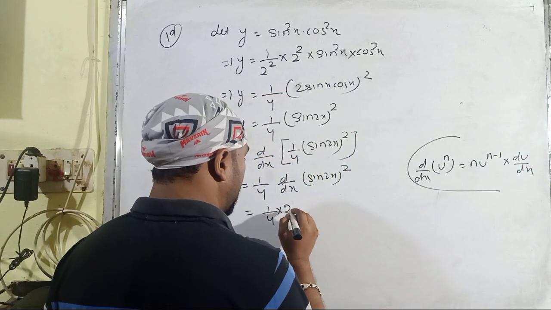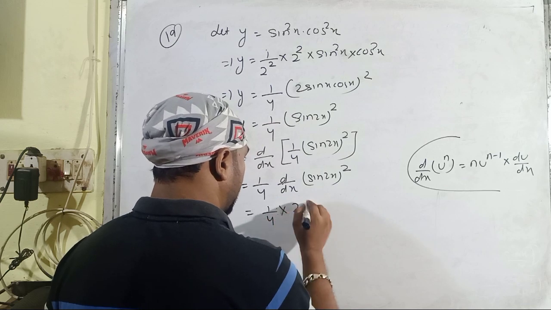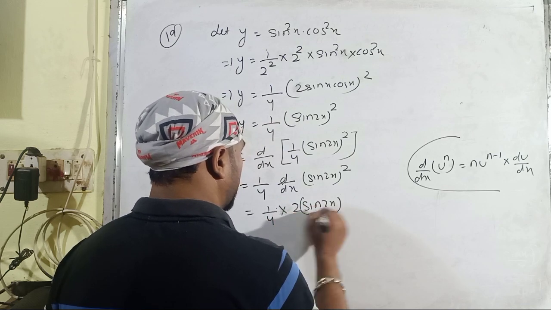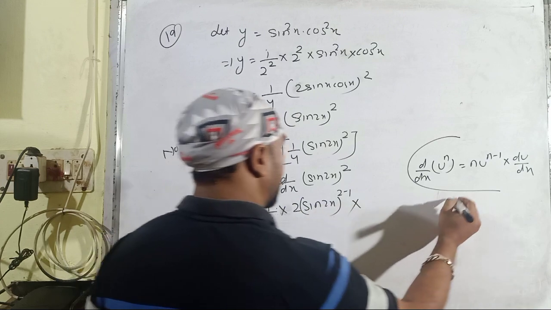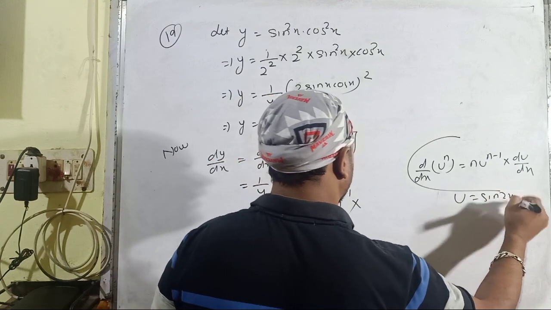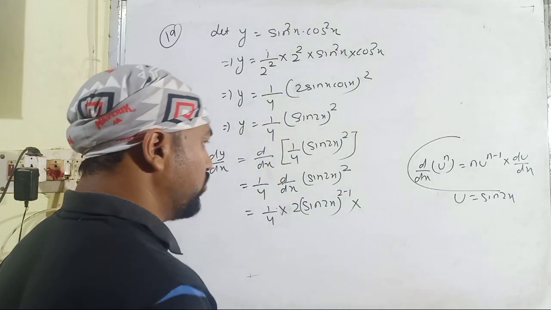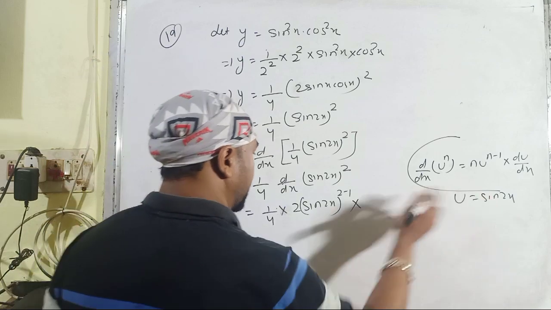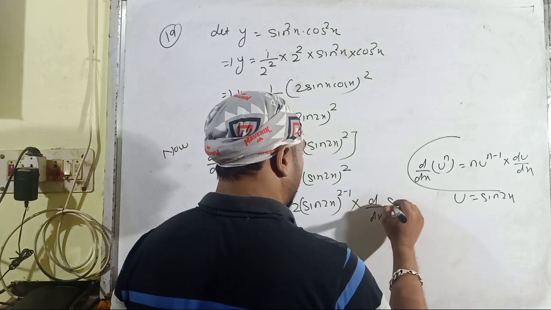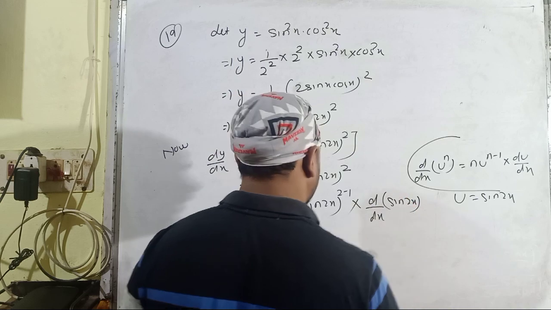So it is 2 multiplied with sin 2x whole to the power 2 minus 1 multiplied with, here u is equal to sin 2x. Again we have to differentiate u, that means we have to differentiate sin 2x.